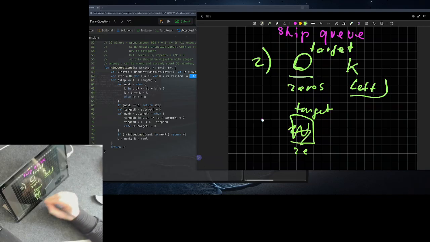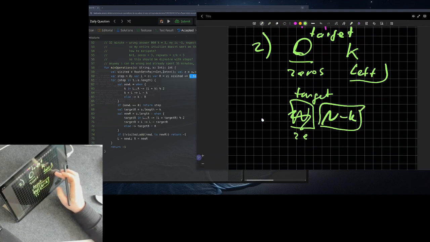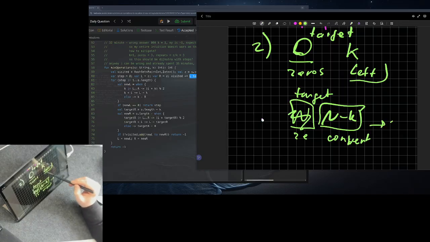Oh, I'm sorry, this is n minus k, to convert in a single step to all ones.